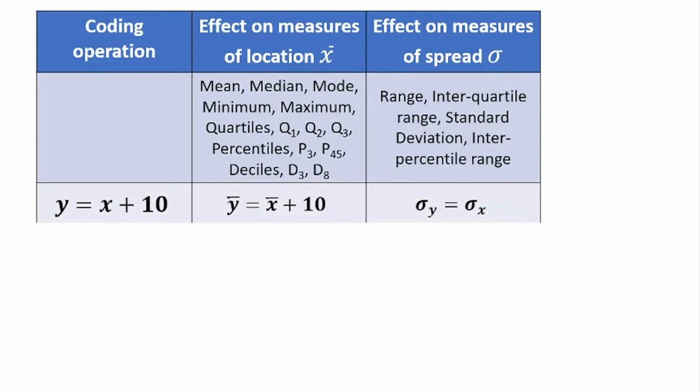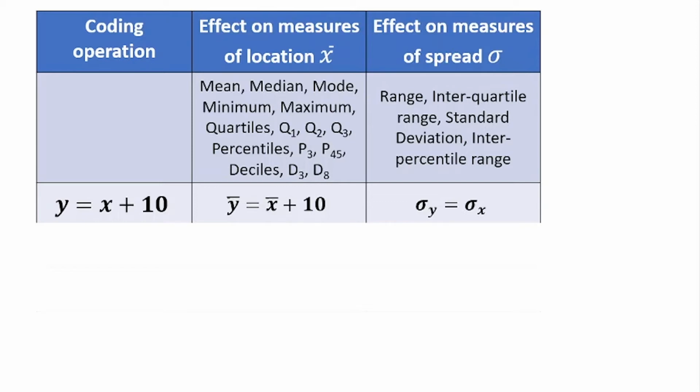So y equals x plus 10, I can rewrite that as y bar equals x bar plus 10. But when it comes to the measure of spread, I can say sigma_y equals sigma_x. The adding has no effect on the standard deviation.